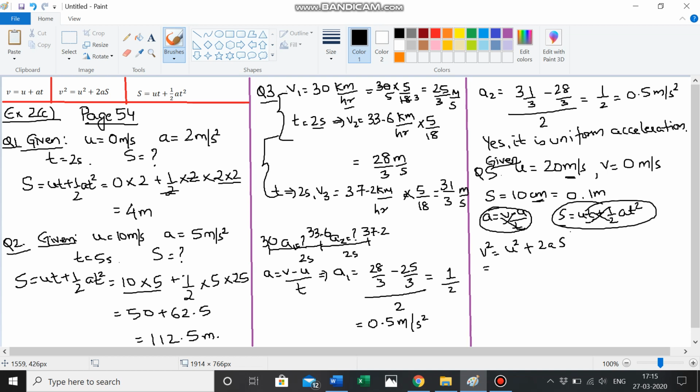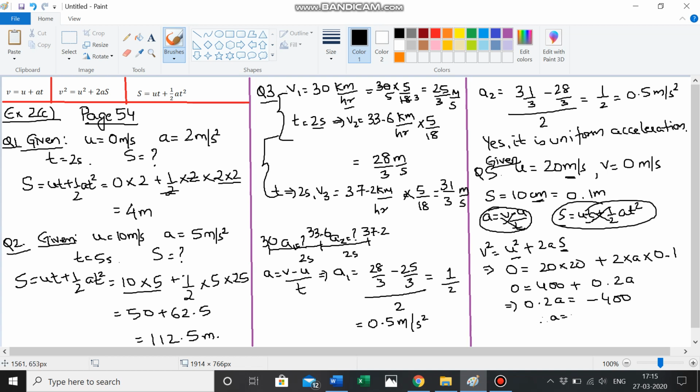Let's try. What is the final velocity? 0. So 0 is equal to initial velocity 20 into 20, because it's U square, plus 2 multiplied by acceleration multiplied by distance, which is 0.1. So 0 is equal to 400 plus 0.2 A, which means 0.2 A is equal to negative 400.